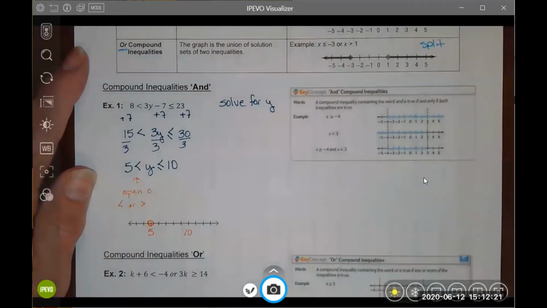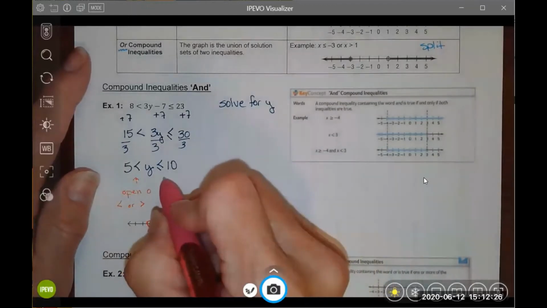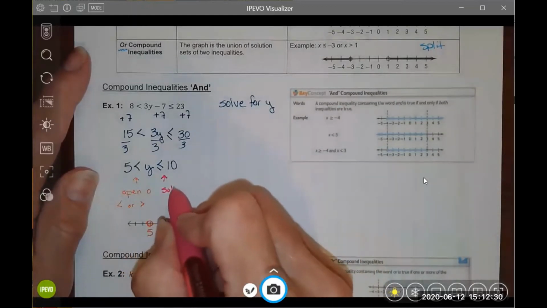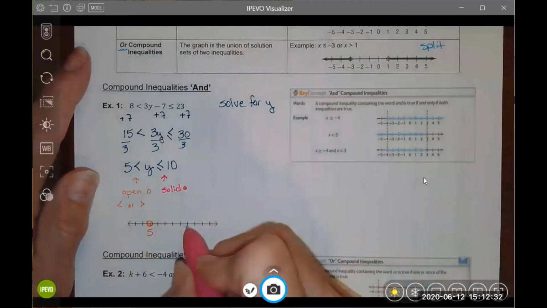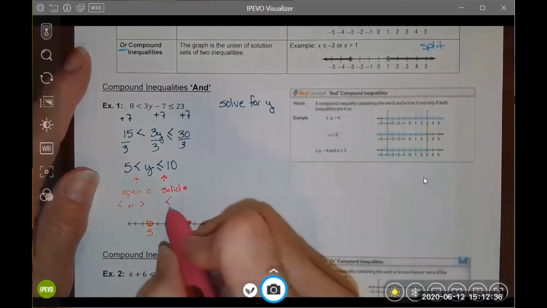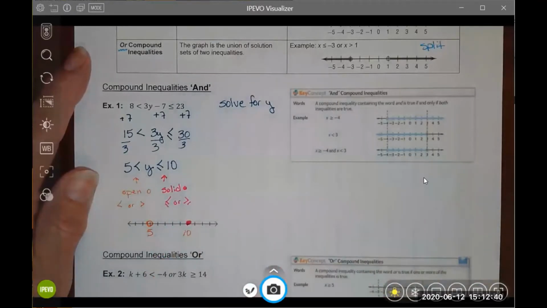On the other end, I notice that this is a less than or equal to, and in this case, I'm going to use a solid endpoint. So on my 10, I'm using a solid point. And I do that for less than or equal to, or for greater than or equal to. And that just harkens back to, gosh, long, long ago.